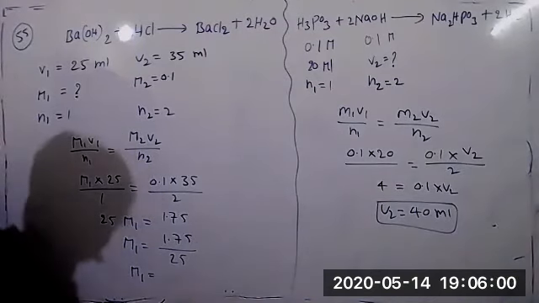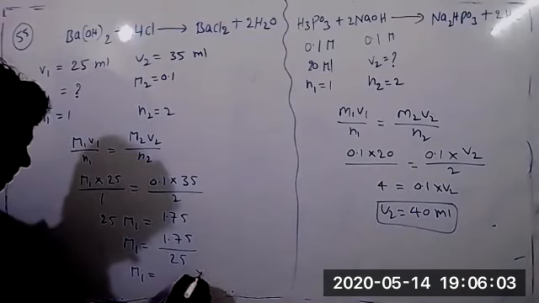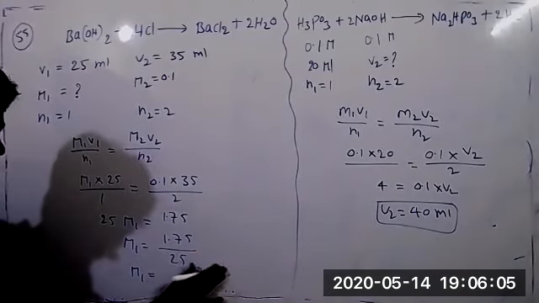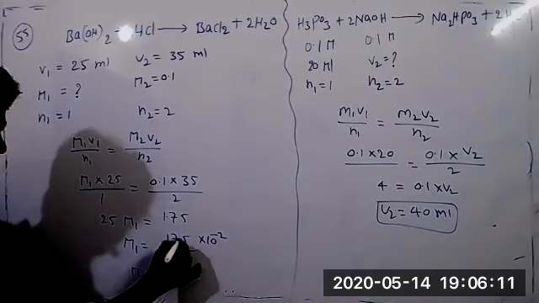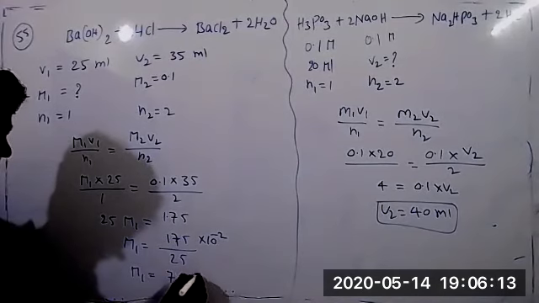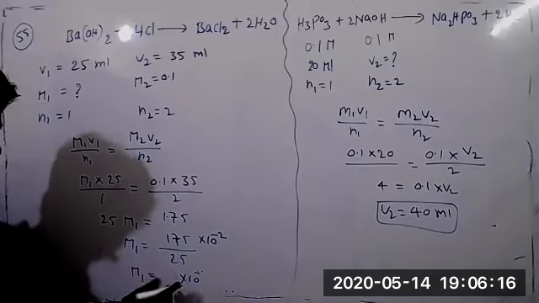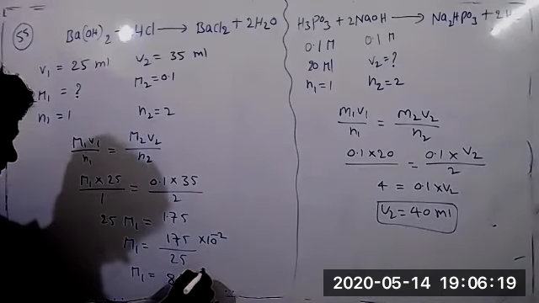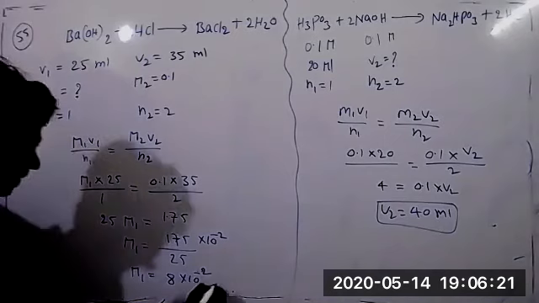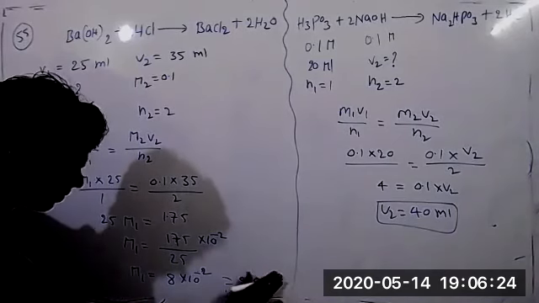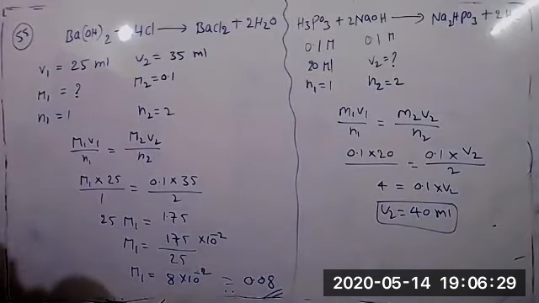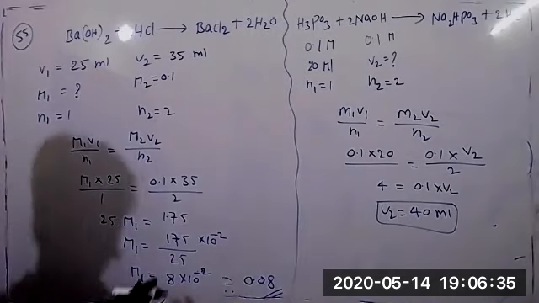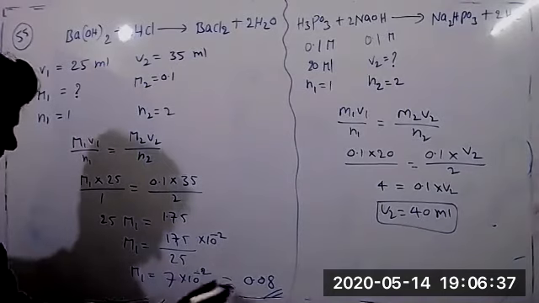So M1 is equal to 7 into 10 power minus 2, that is 0.07 is the concentration. No, 4 plus 3 is 7 only, not 8.